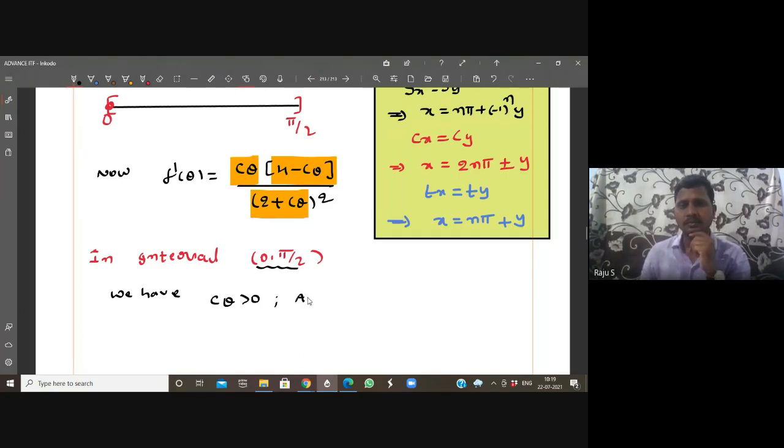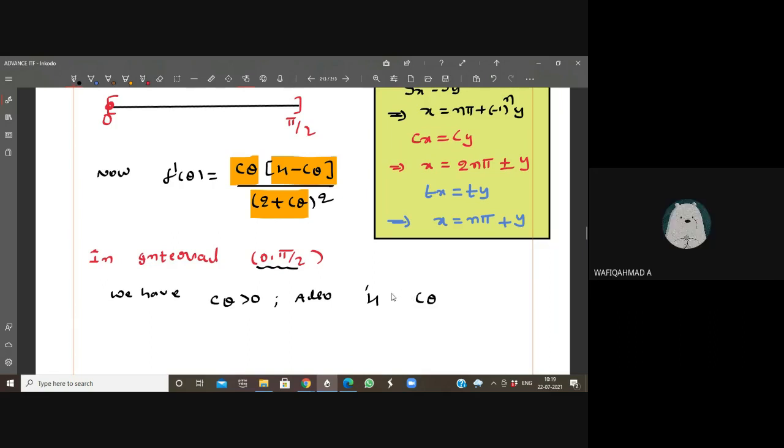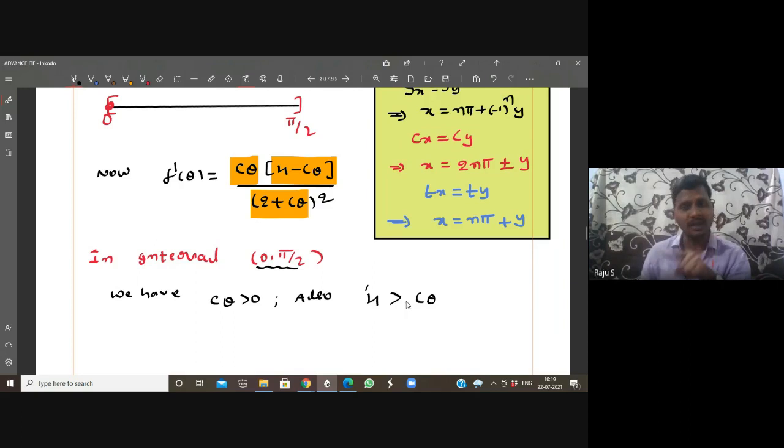Also, what about 4 minus cos theta? Greater than or lesser than 0? What is the maximum value of cos? Plus 1. What about the relation between 4 and cos theta? 4 is greater than cos theta.